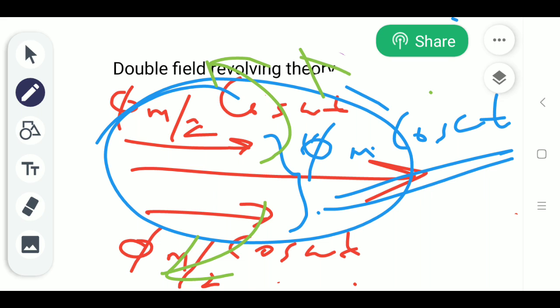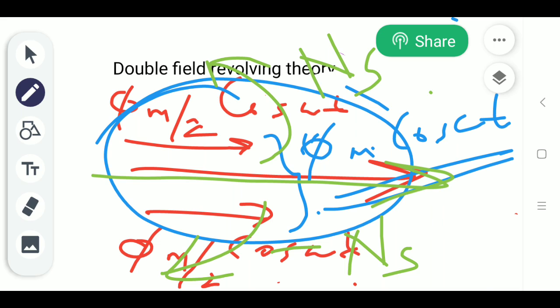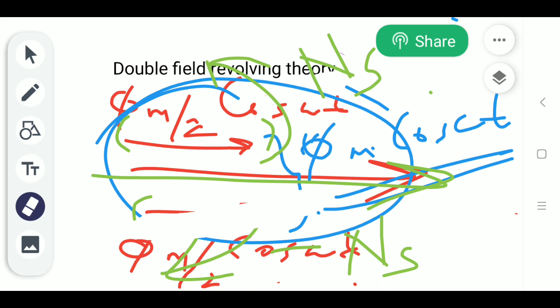Let the speed be ns in the anti-clockwise direction; this obviously is equal to minus ns in the other. So two constant magnitude fluxes rotating in opposite directions are able to represent this pulsating field.